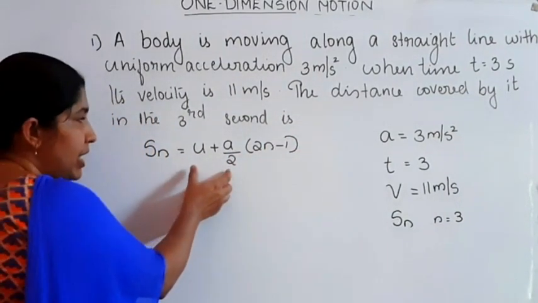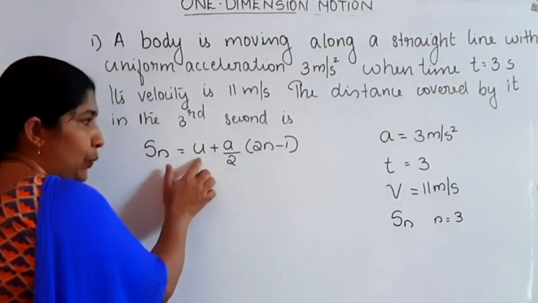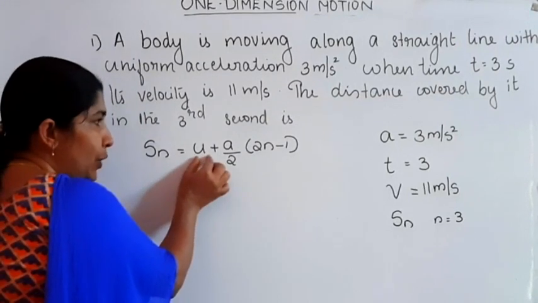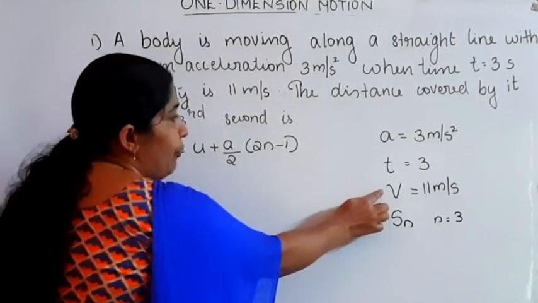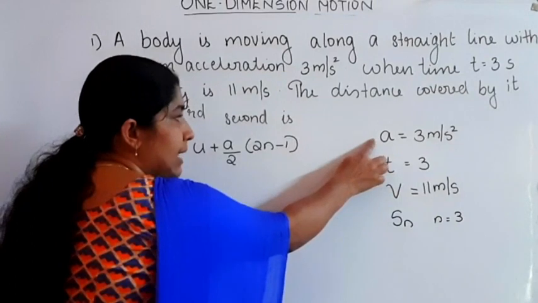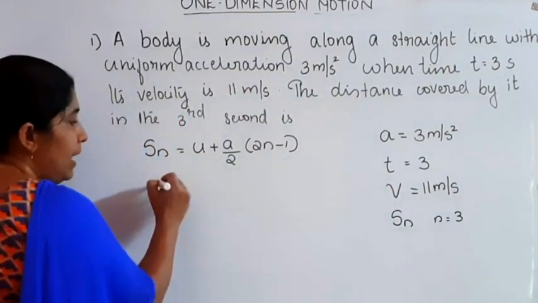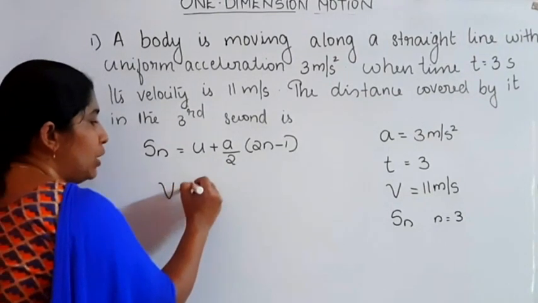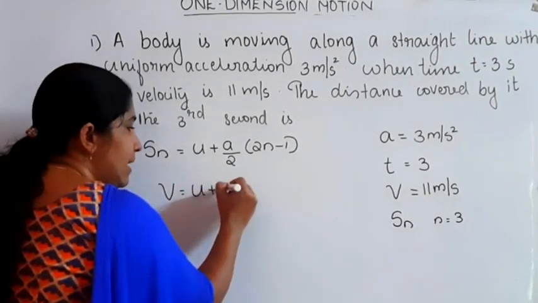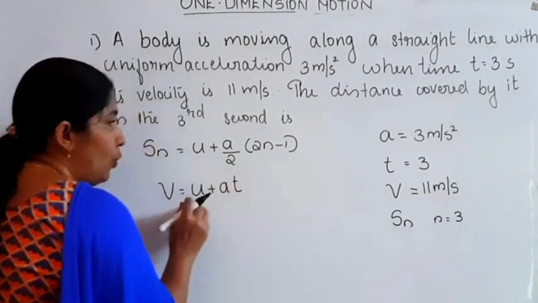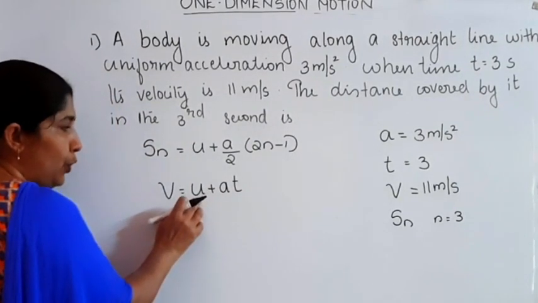In this equation, we don't know u. To find u, the final velocity, acceleration and time are given. Then by using the formula v is equal to u plus at, we can find the value of u.